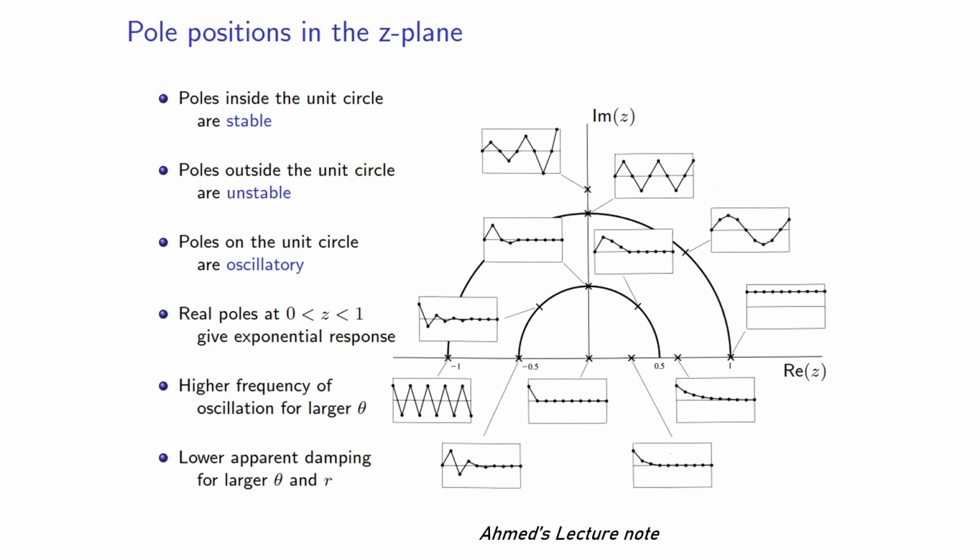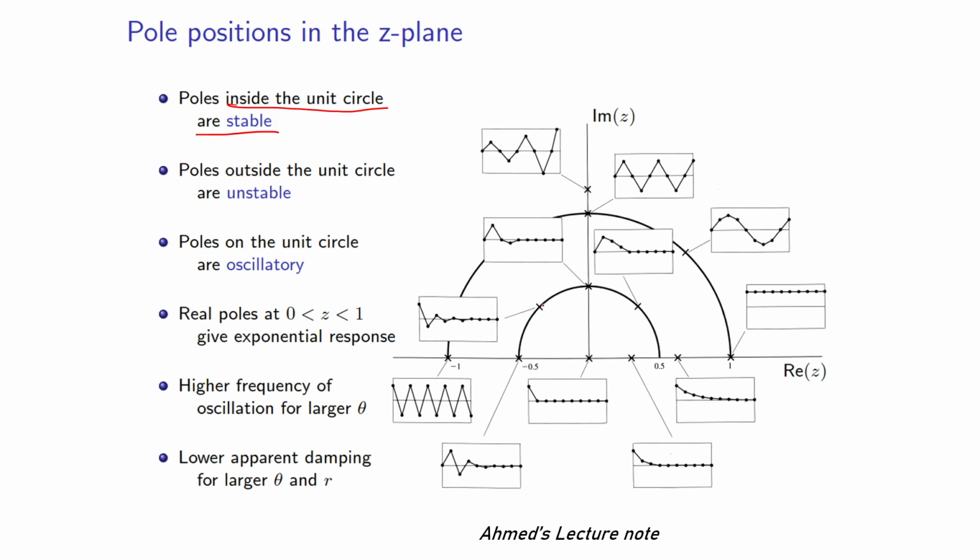The last part of this lecture, you can see the visualization of the response with respect to the location of the poles. If poles are inside the unit circle, then they are all stable.